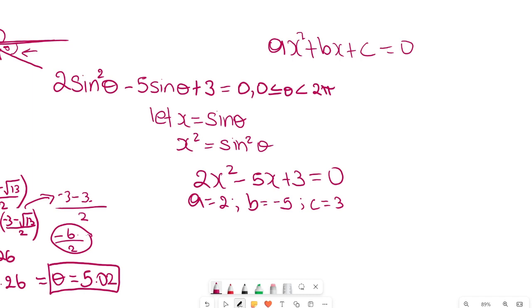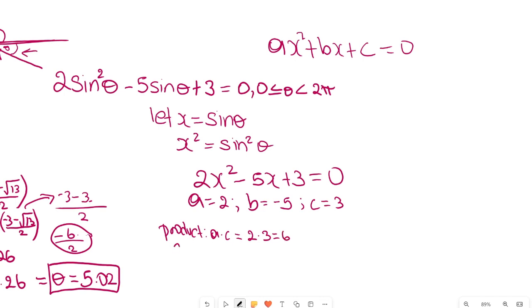So now that we've identified a, b, and c, when we're factoring, we're looking for 2 numbers that multiply to give us a times c. So we want a product of a times c, and in this case, that's 2 times 3, which is 6.